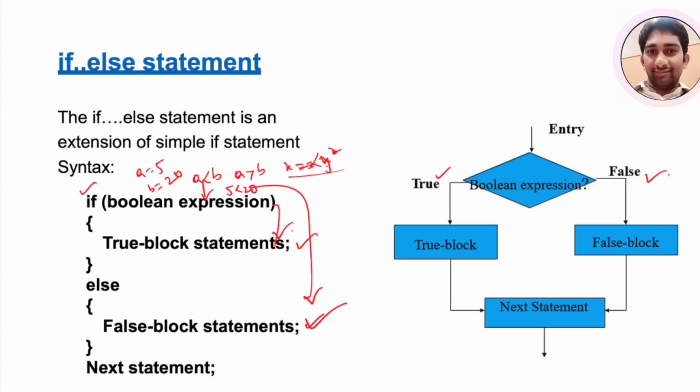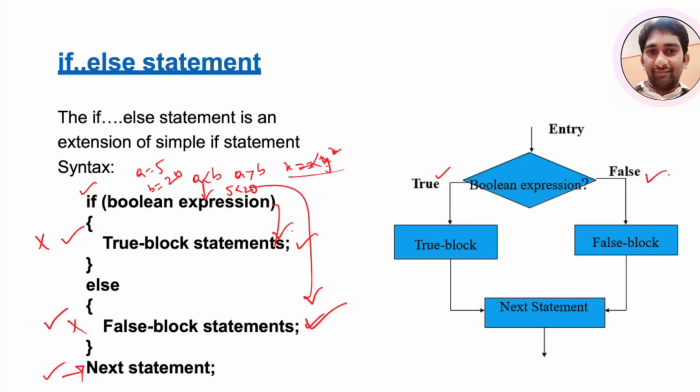Now you should observe one thing here. If this block is executed, this block will not be executed. It will be skipped and it will go to the next part of the program. Similarly, if this block is not executed, it will execute this block and then go to the next part of the program. Either one of these blocks will be executed.